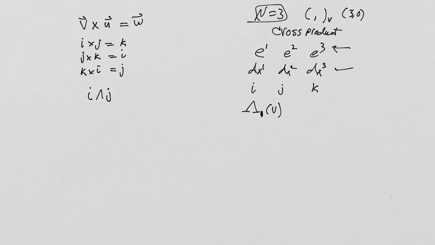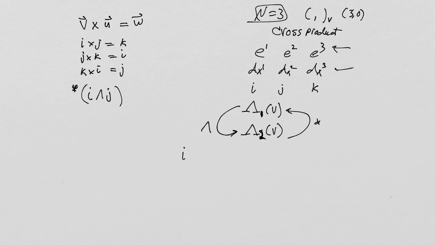But the problem is that it is an element of the second exterior power of the vector space. So the wedge product took us from there to there. Well, how do we get back to there? Well, we take the Hodge dual of it, right? And once we do that, now we're back into the original space. So what's the Hodge dual of i wedge j?